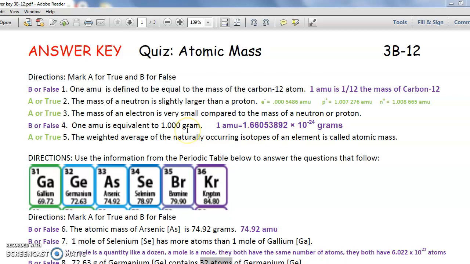Number 4, 1 AMU is equivalent to a gram. No. AMUs are very small. Very, very small. An AMU is 1.66 times 10 to the minus 24th grams.